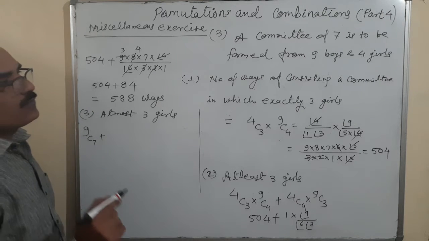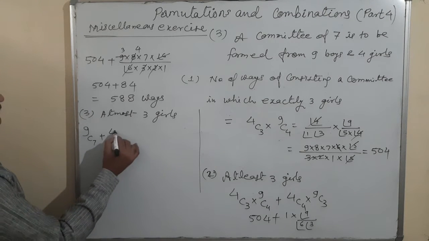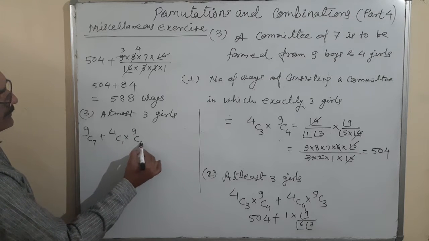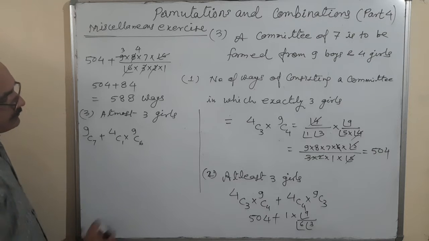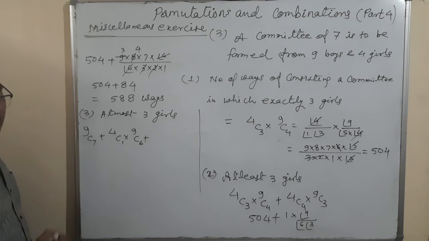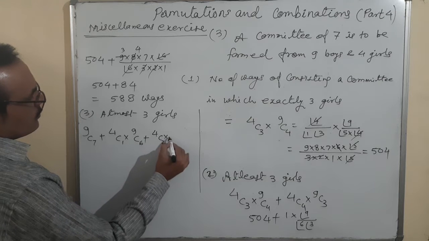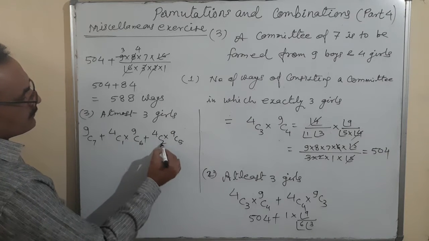After that, there is one girl, 4C1 into 9C6, 6 plus 1, 7. That is exactly one girl. There are two girls possible, 4C2 multiplied by 9C5.